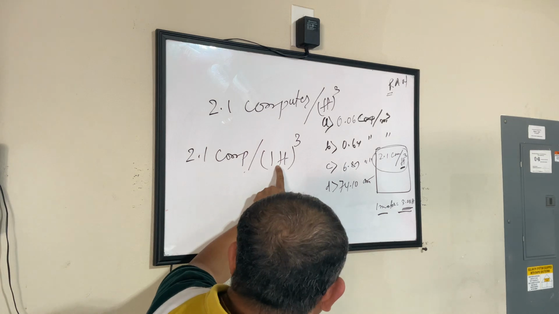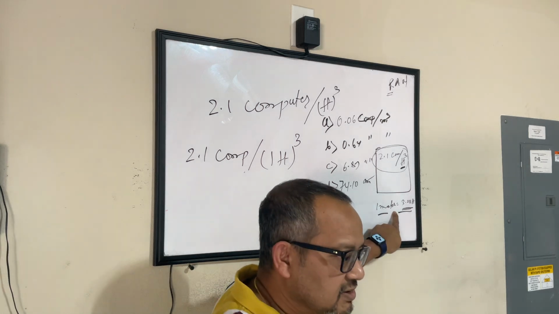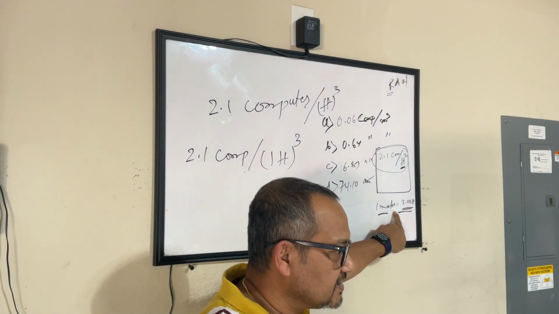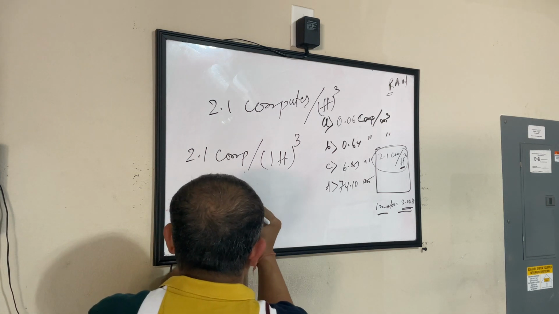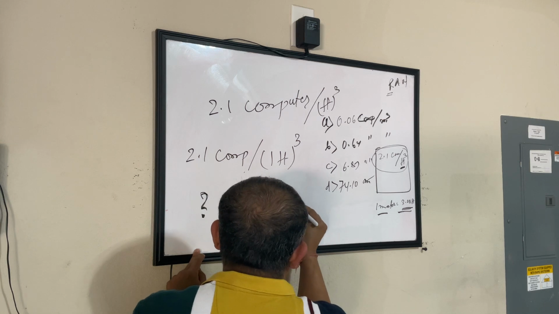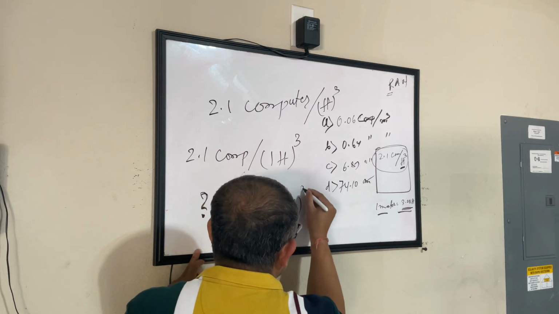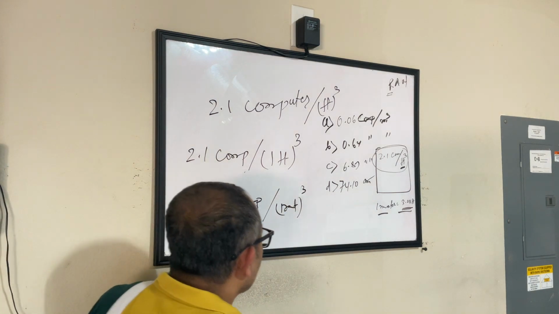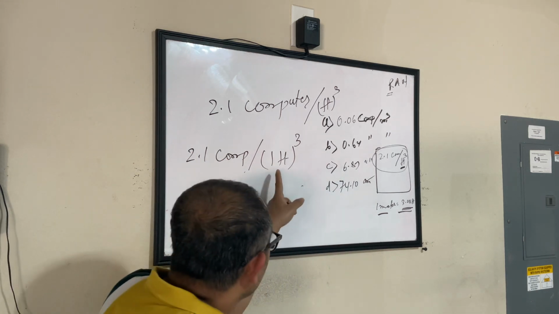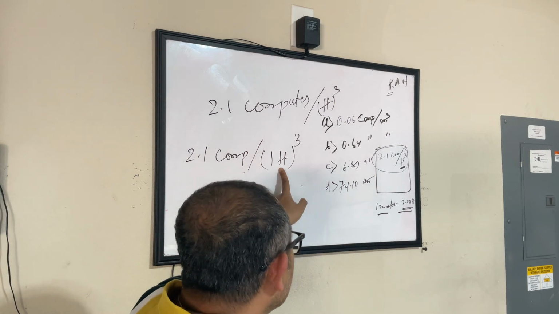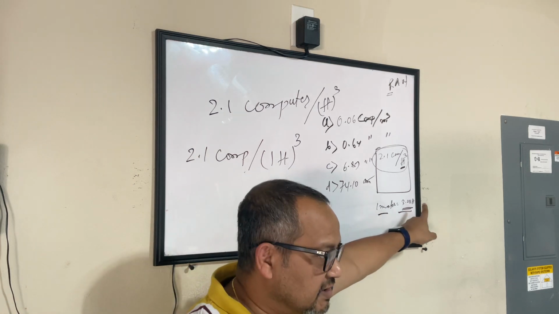Now, every foot is equal to how many meters? Look at this. What we are trying to find out is how many computers per meter cube, or how many computers per 1 meter cube. I will not break my head to find that out. Instead, in place of 1 foot, I will find the equivalent of 1 foot in meters and put that here.